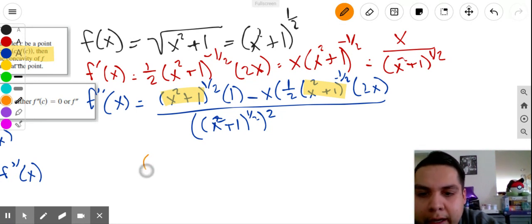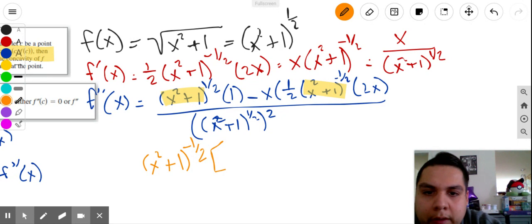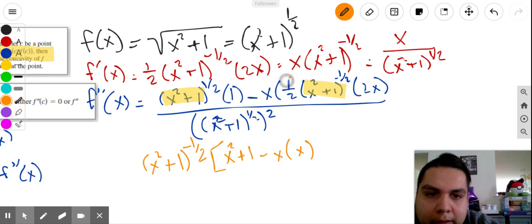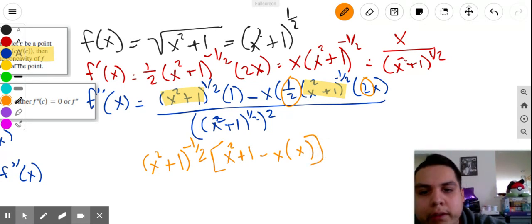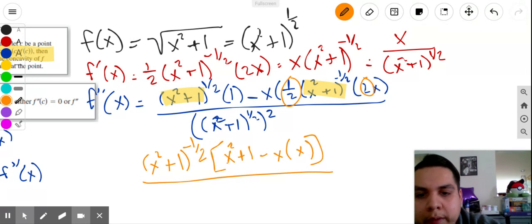If I pull that out, I end up with x squared plus 1 to the negative half power. That means I would end up with an x squared plus 1 minus x times an x, because this 1/2 and this 2, 1/2 times 2 is just x, so that's where that came from, over, and same idea, 1/2 times 2 is just 1, so it would just be x squared plus 1.